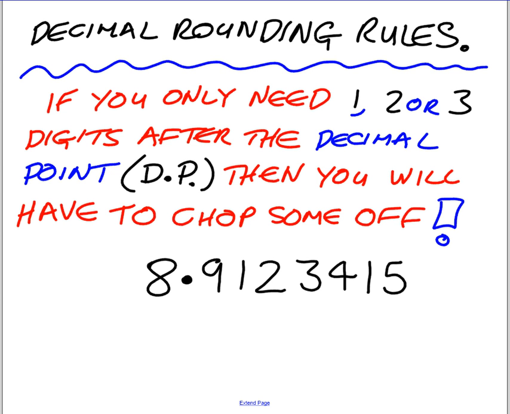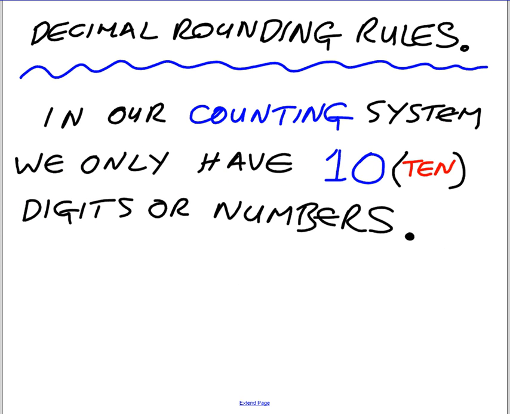But we might only need 1, 2, or 3 digits for, like I said earlier, what's the context, what's the story? Are we dealing with kilograms? Are we dealing with money? Whatever it is. So you'll make up your mind, then you'll get rid of some at the end. With the counting system that we use, in Scotland, UK, even across the majority of countries in the world, there are 10 digits that we actually use.